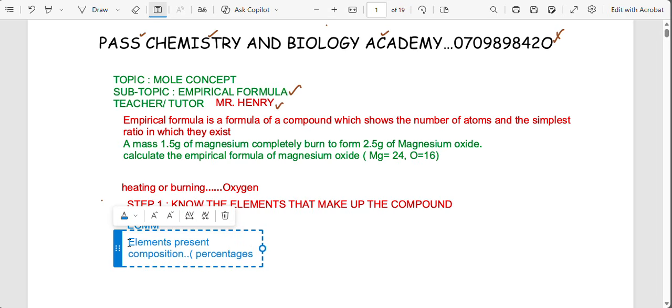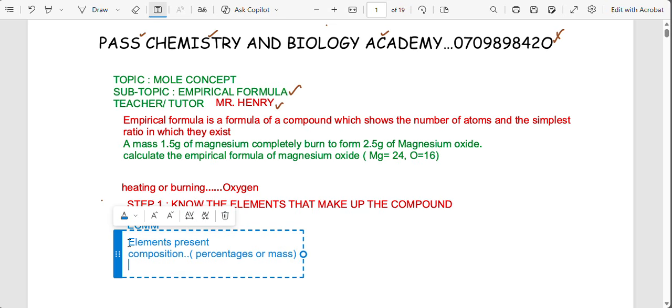It can either be in percentages, or it can be in mass. Those are grams, okay?